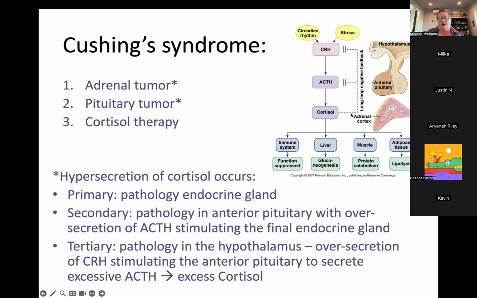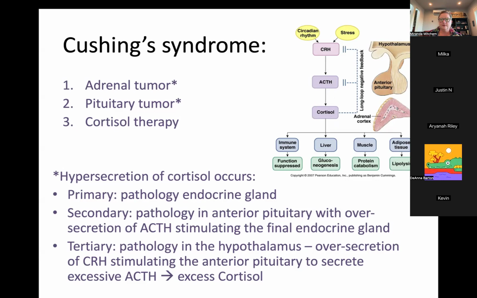Once we get back to our normal levels, it can act on the anterior pituitary, so we would produce ACTH and cortisol, but it can also go back all the way to the beginning and affect the whole pathway. Meaning that when we get back to our normal level in our circadian rhythm, we're going to shut the whole pathway down and just produce our typical amount that is needed every day.